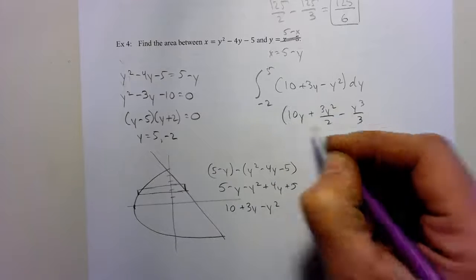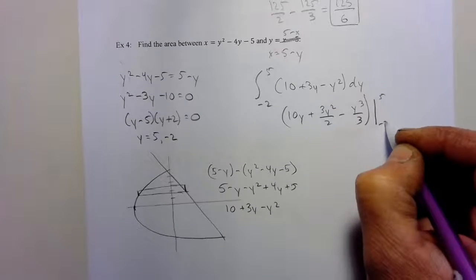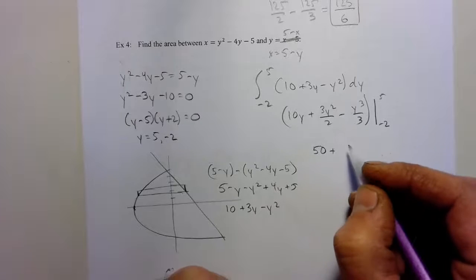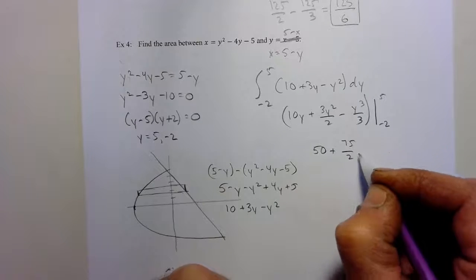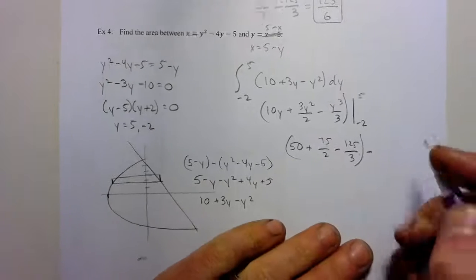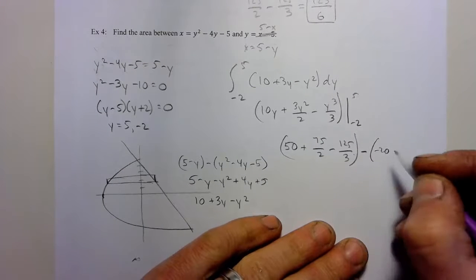Plug in our bounds. So we get 50 plus 75 over 2 minus 125 over 3. Lower bound, negative 20.